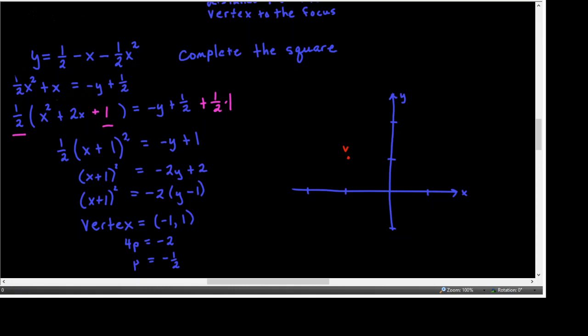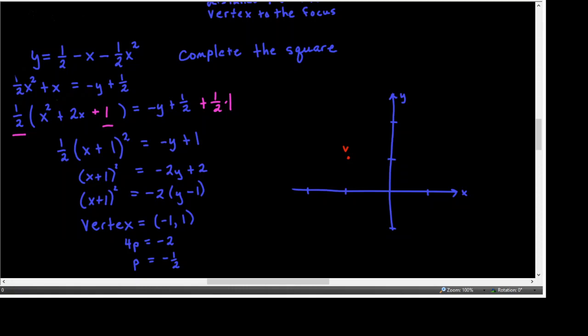Okay, so the focus, according to our definition of what p is, if you recall, is the directed distance from the vertex to the focus. Since p is negative, that means we're either moving to the left or down. Those are the negative directions. Negative y's are in the down direction, negative x's are in the left direction. So it's one of those two.